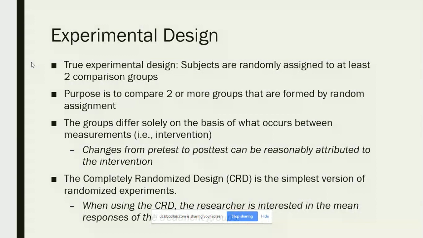Maybe it could be a new mathematical instructional tool. You did a pre-test to see how the students did without the mathematical tool versus afterwards. You want to know what the impact of that mathematical pedagogical tool was.